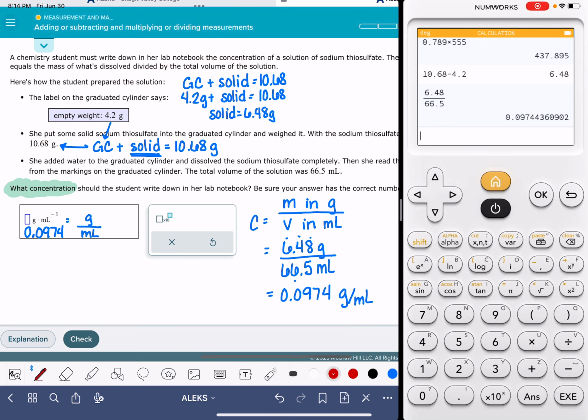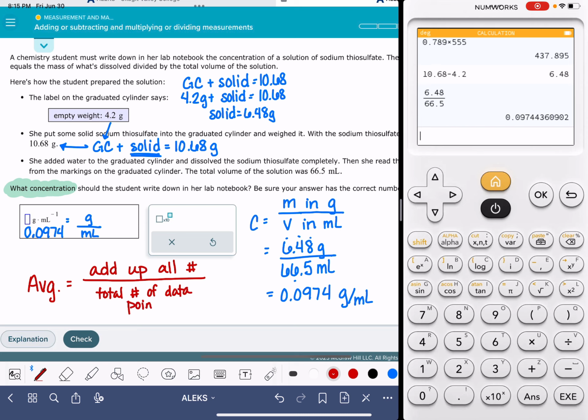So if you're looking at that version of the problem where it's asking you to calculate the average of your data, what you're going to do is add up all the numbers together. This is just the average or the mean. You're going to take all of the data points and add them all up, and then divide by the total number of data points.